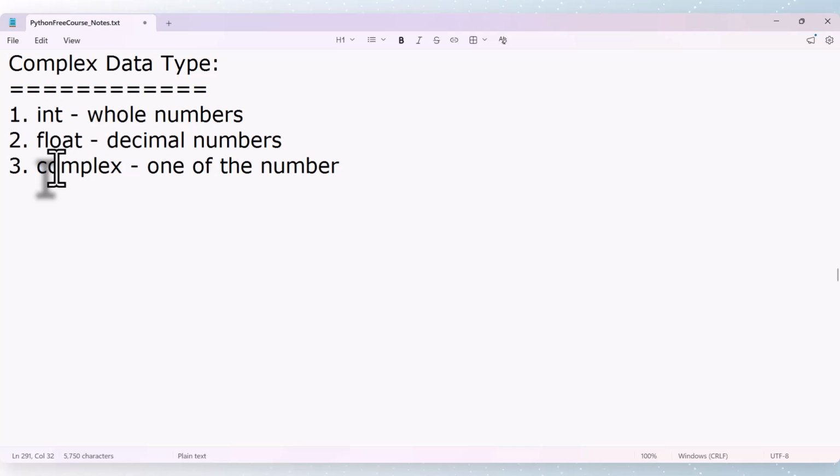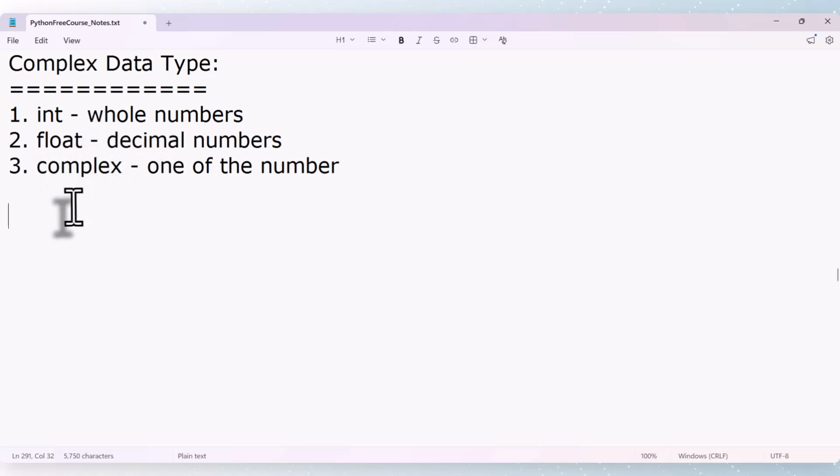So let us have a brief idea of complex numbers also: what this complex type of number is and how we can store the data.